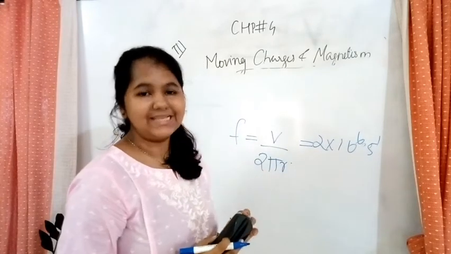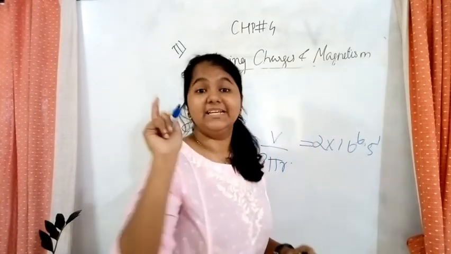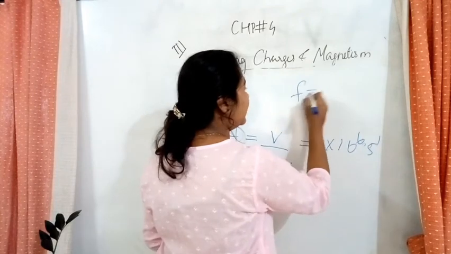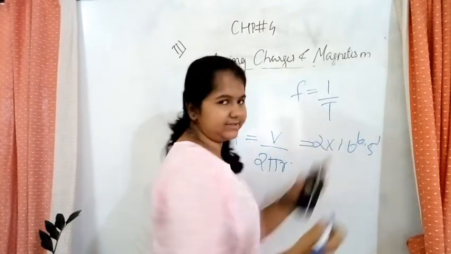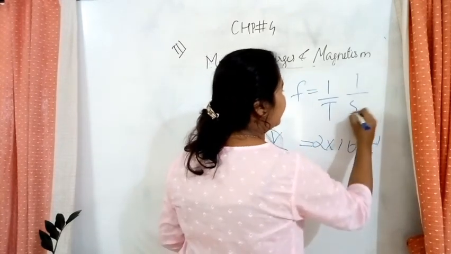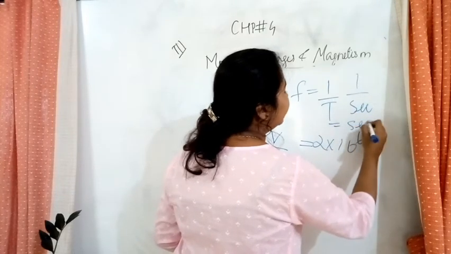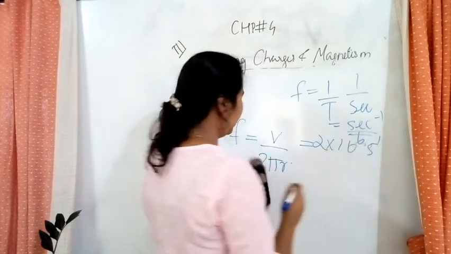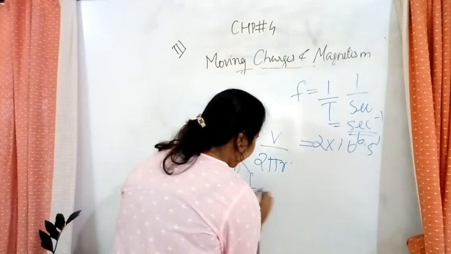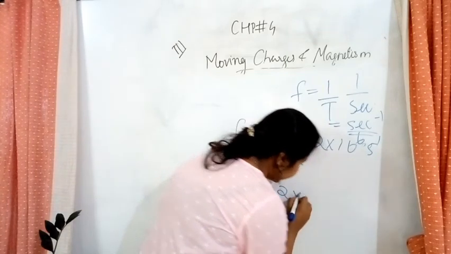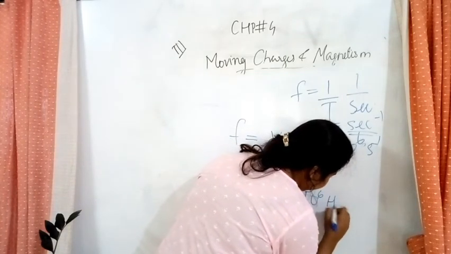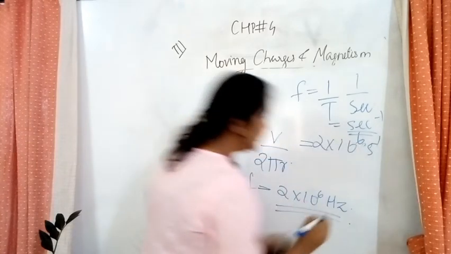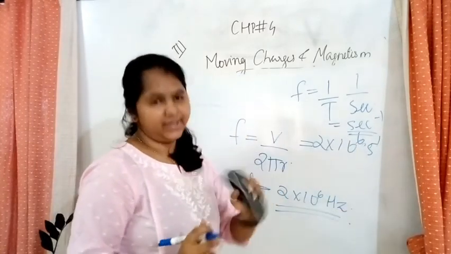The frequency is in second inverse. Why? Frequency is equal to 1 by time period. Time period is in seconds, and therefore 1 by second is represented as second inverse. So frequency is equal to 2 into 10 raised to 6 hertz. It's second inverse or hertz.